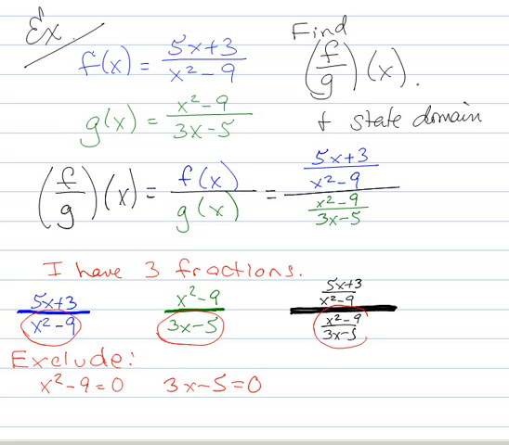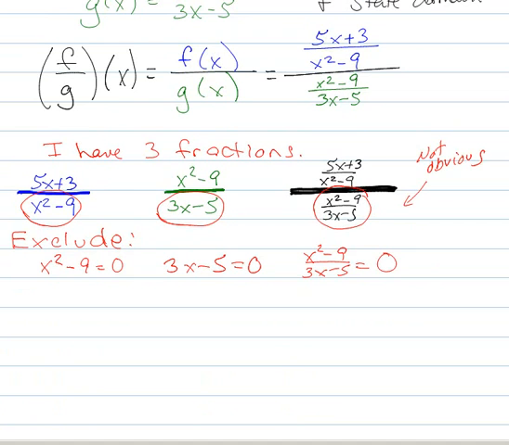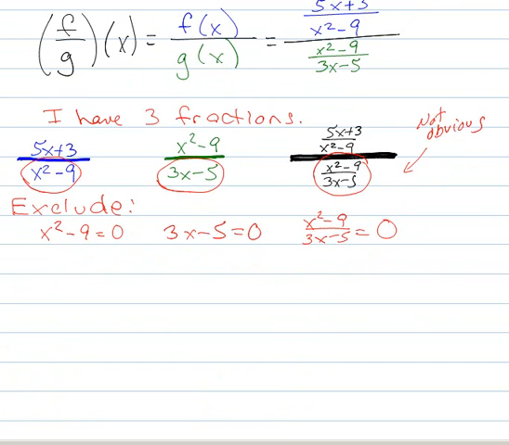And I want to exclude where this is 0. All right. I think this is the last one. This last one is a not obvious one. That one's not obvious to me at all. So that's what you want to do when you're looking for the domain on these. So let's solve the domain, then we'll worry about simplifying that fraction later. So let's worry about the domain first.